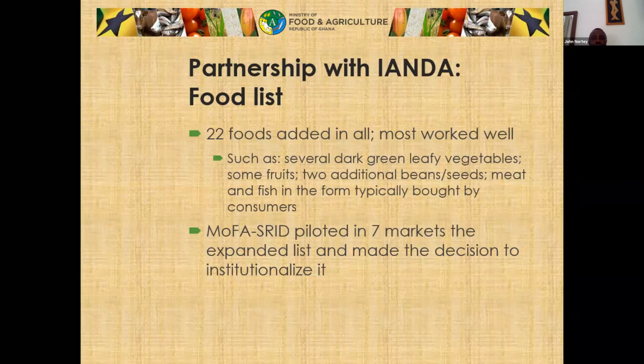This collaboration took off in 2016, and we piloted the extended list in 7 major markets to see how our enumerators would respond to it, because they already have a tall list of prices to collect every week, and also to see the cooperation from the market women. This was done over a 4-month period.